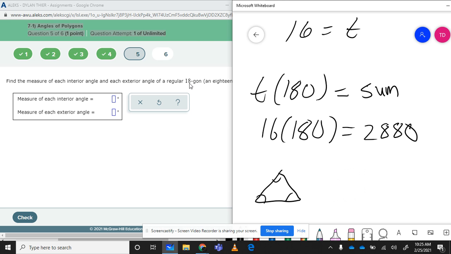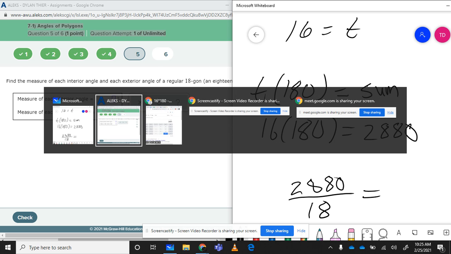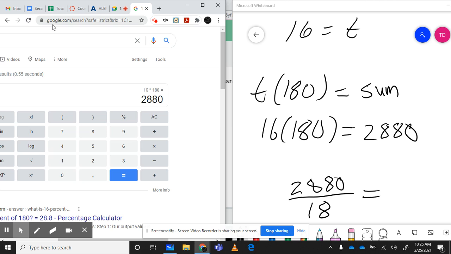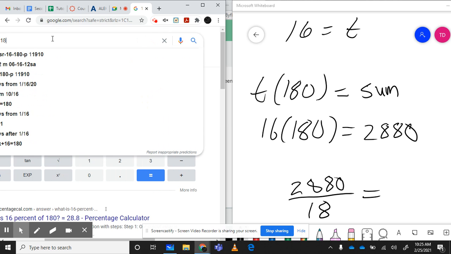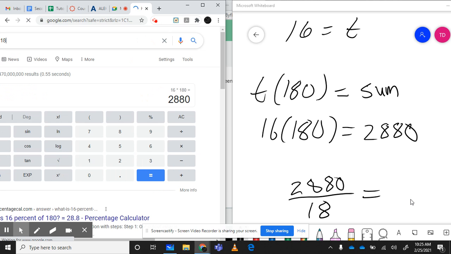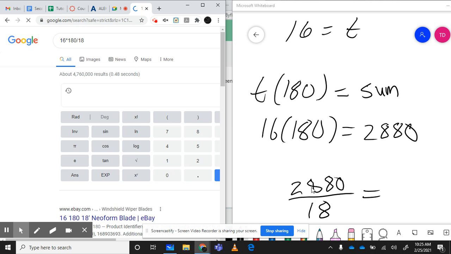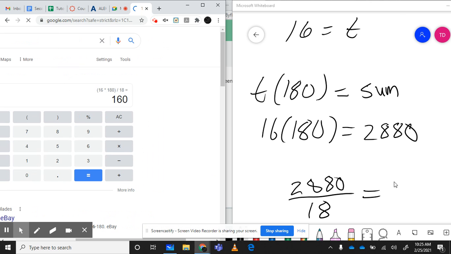Well, that 2880 number was the sum of all 18. They don't want all 18, they just want one of them. So take that 2880 and divide by 18, we'll figure out what one of those was worth. I'm going to divide it by 18, and we end up with 160. Okay.